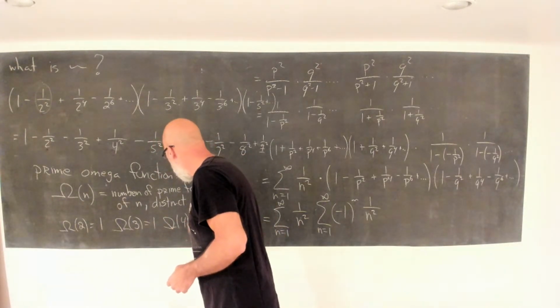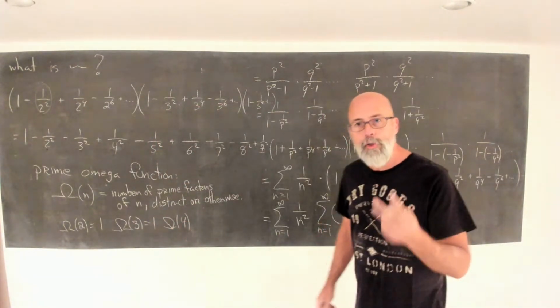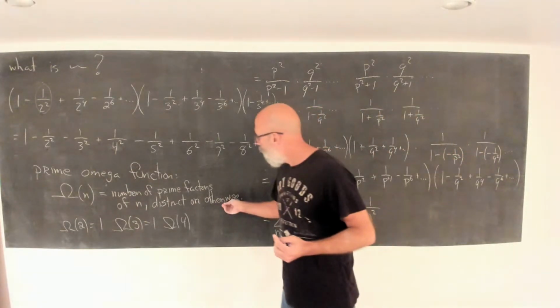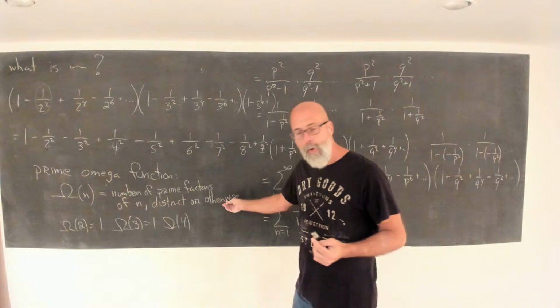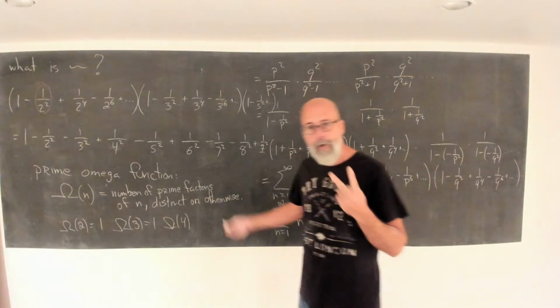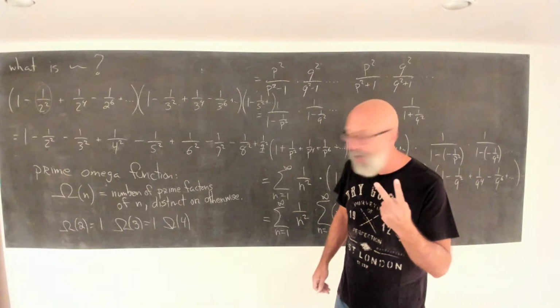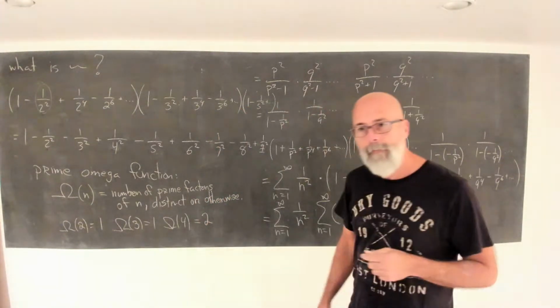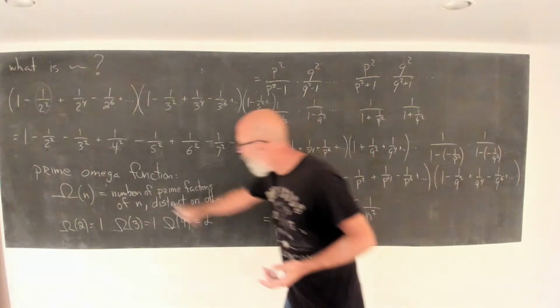Omega of 4, which is 2 squared, or 2 times 2, right? It has 2 prime factors, 2 and 2, distinct or otherwise, so they don't have to be different. 2 factors. Omega of 4 is 2. I keep saying phi, it's omega.